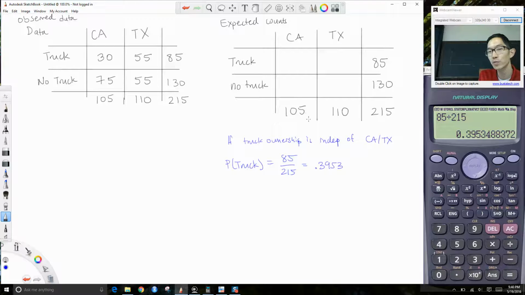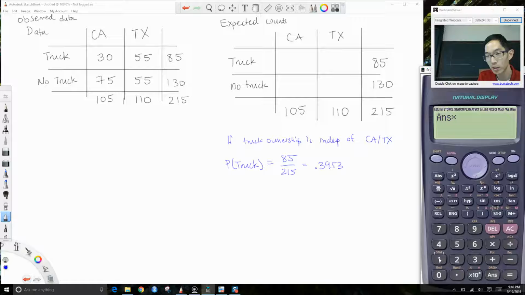If truck ownership is independent of which state you're from, then I would expect 39.5% of Californians to own trucks. I would expect this proportion, so I would take this number and multiply it by 105. Does that make sense?